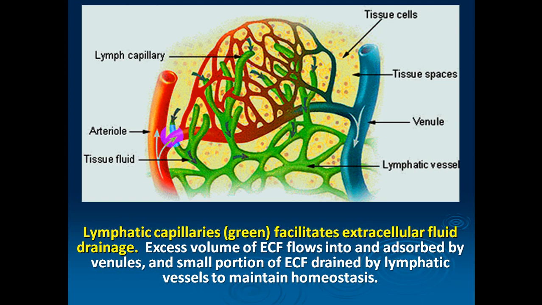Therefore, the main function of lymphatic vessels is to drain or absorb remaining fluids. So they also help make balance of the fluid volume in the tissue. It means they also regulate fluid homeostasis.